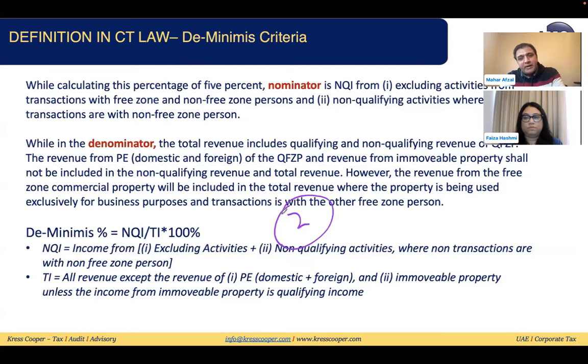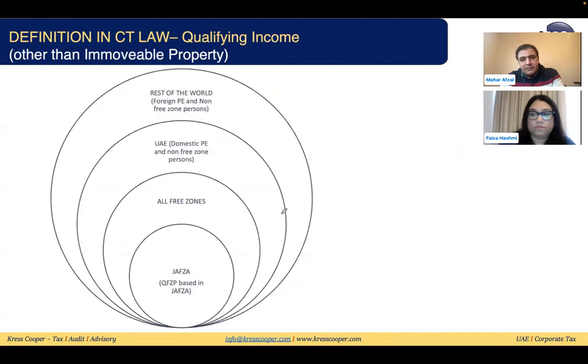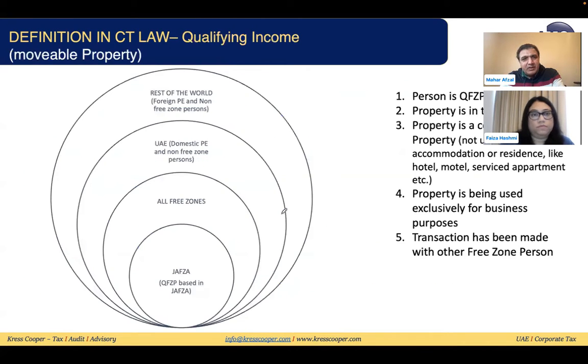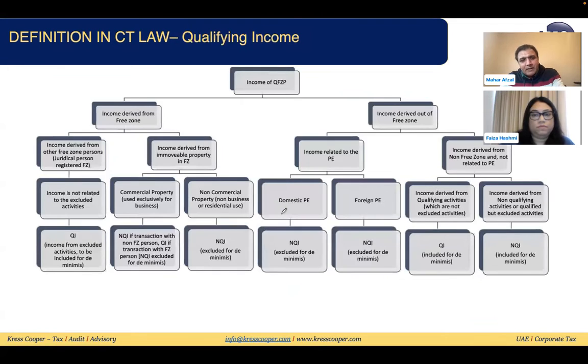But the qualifying income from the qualifying intellectual property will not be considered for the de minimis criteria. So this is the second change. And third change, in the qualifying income, they have included qualifying intellectual property also.